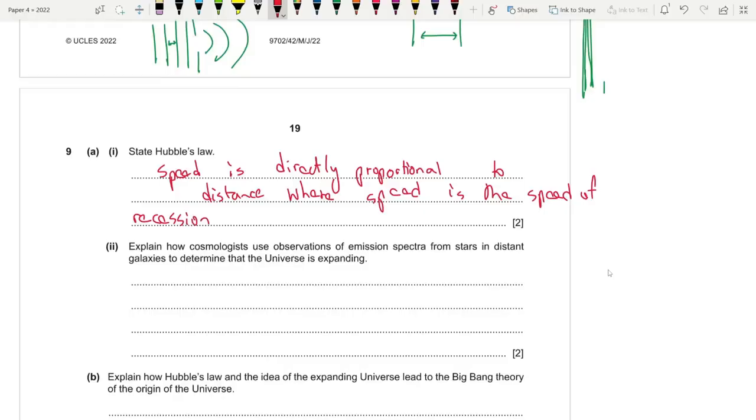Like maybe an ambulance is going away from you, that's the speed of recession. Where speed is the speed of recession of the galaxy from an observer, and distance is the distance of the galaxy away from the observer.